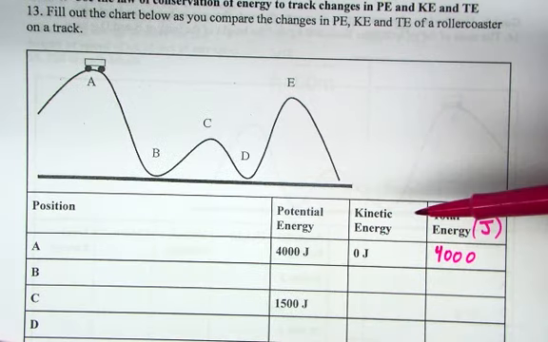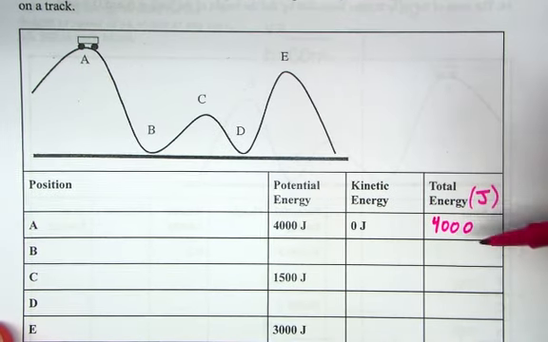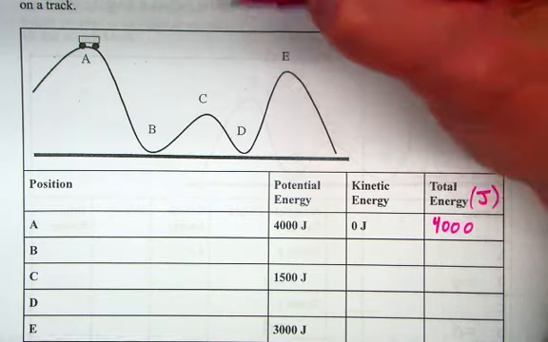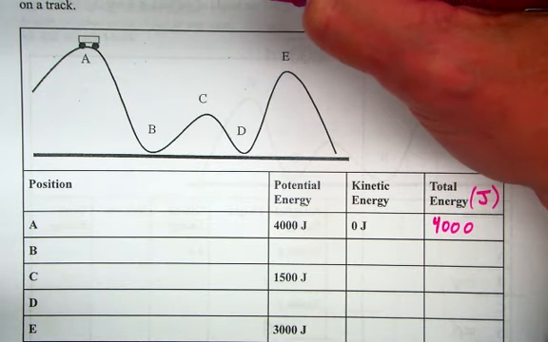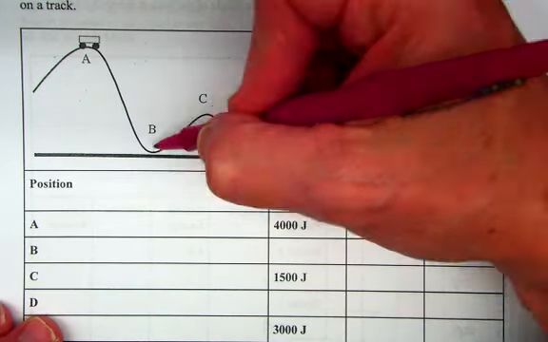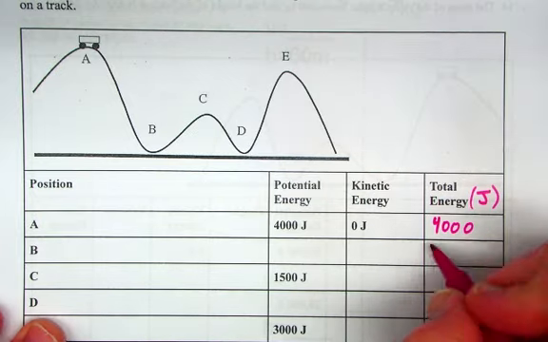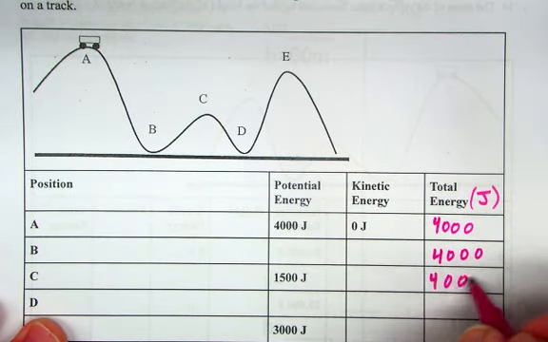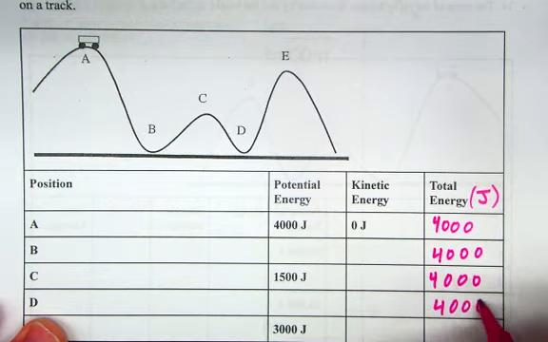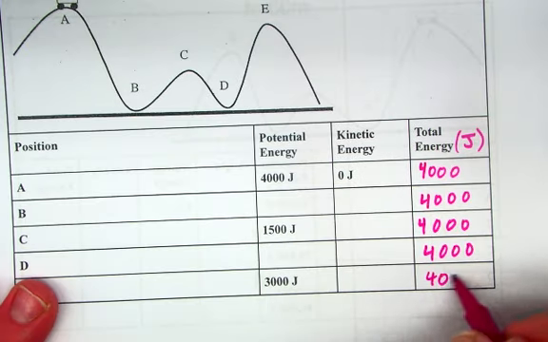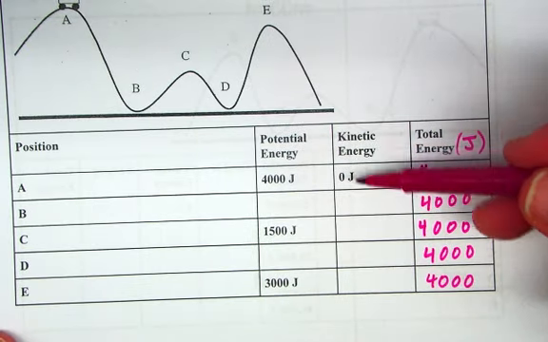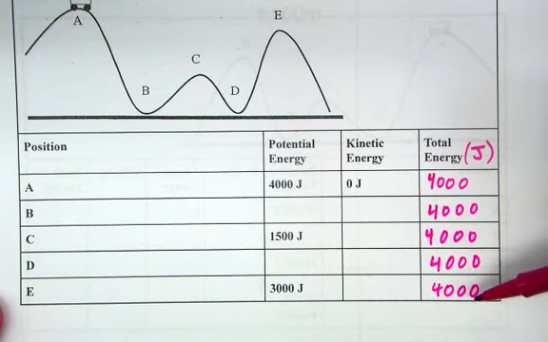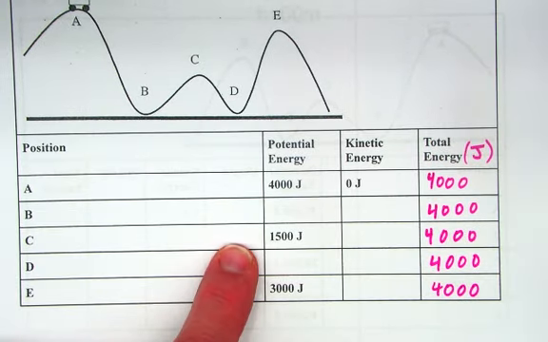So the next thing you should be able to conclude is, if I know the total energy at the top, then according to the conservation of energy, that total energy will not change at any location. We're only considering these two kinds of energy, and we're not thinking about heat loss. So total energy at every single position, A, B, C, D, and E, is always the same, and it's going to be 4,000. Then that makes it fairly easy to work backwards.